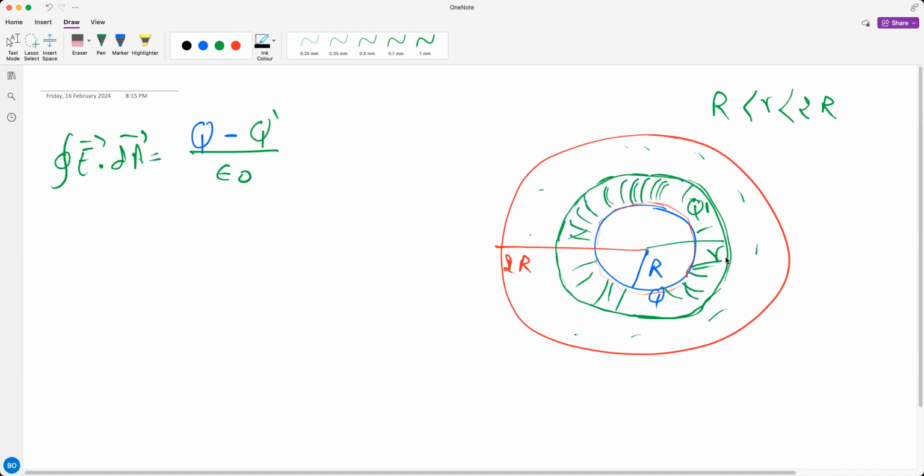This charge, I know it is negative. I will call it minus Q prime. So the total charge included in the whole green region is equal to the charge included in the green part of the shell plus the charge on the conductor. Do you agree?